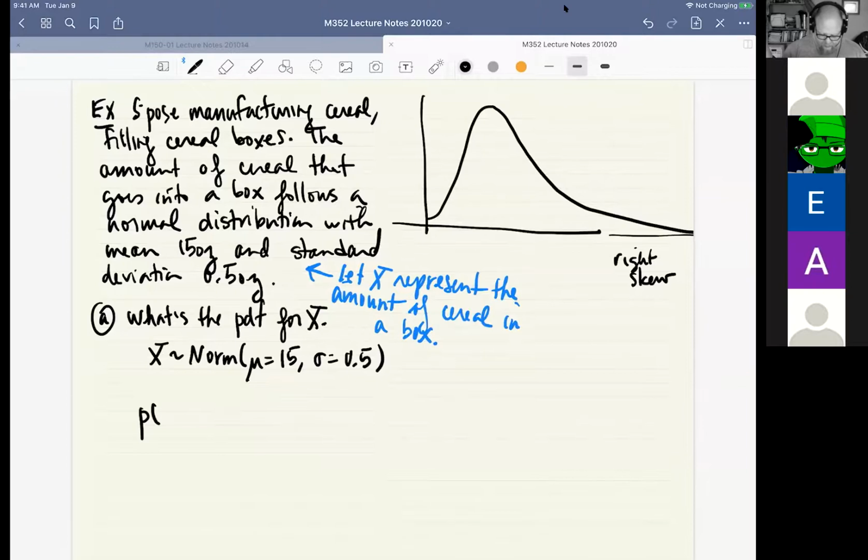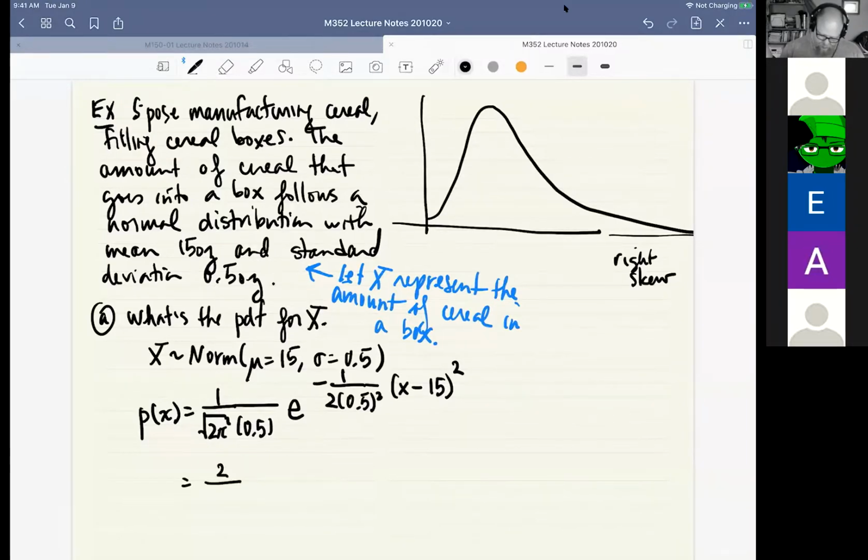Well, then the probability density function is 1 over the square root of 2 pi times sigma times e to the minus 1 over 2 sigma squared times x minus mu, which is 15, all that quantity squared.